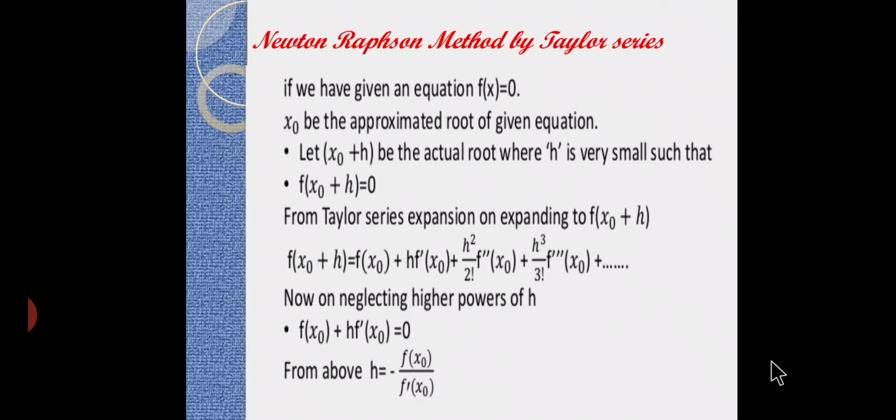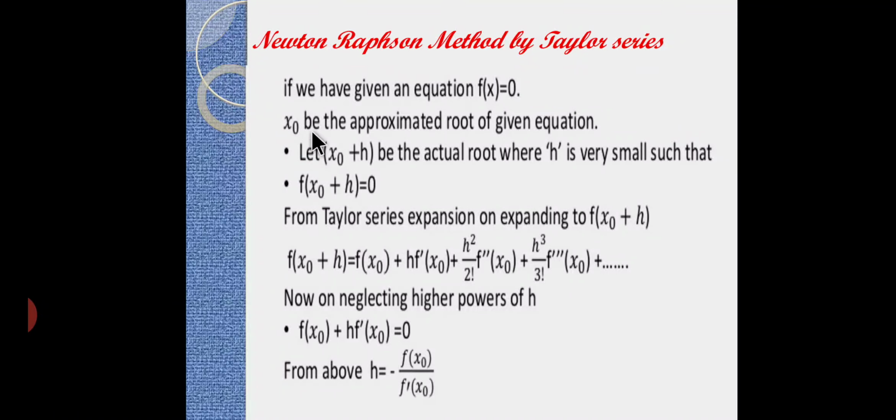We can also write the Newton-Raphson method using the Taylor series formula. For this, consider an equation f of x is equal to 0. Let x naught be an approximation of the root for the given equation f of x is equal to 0.